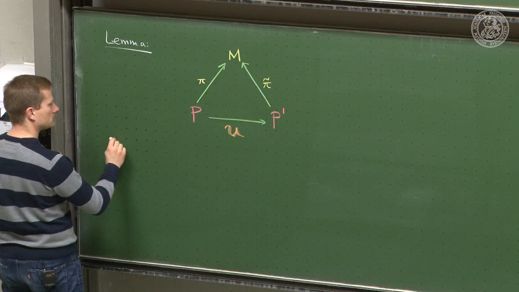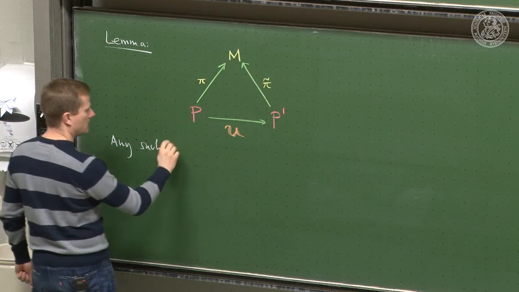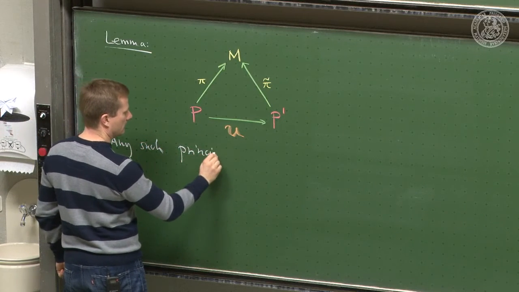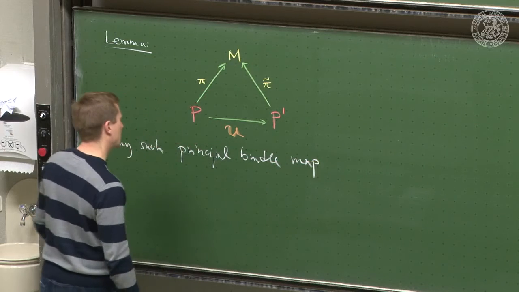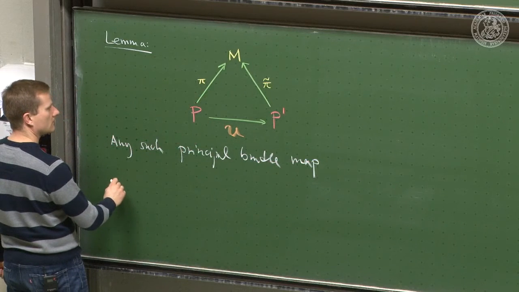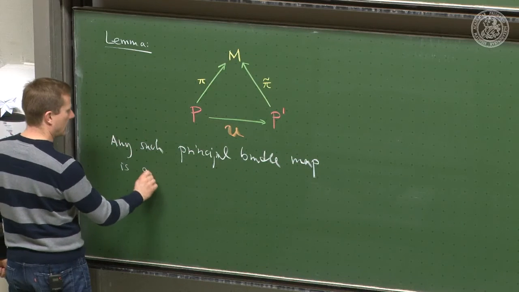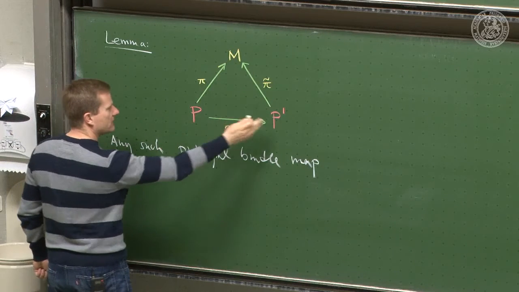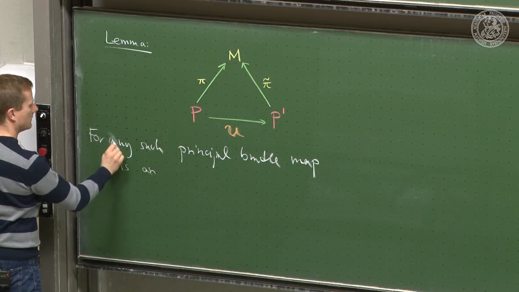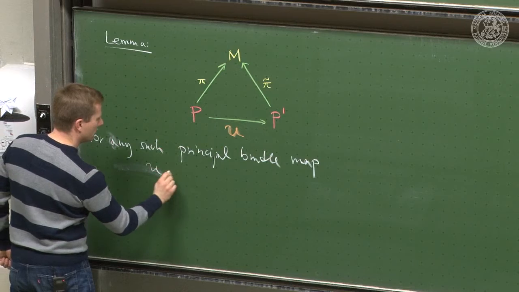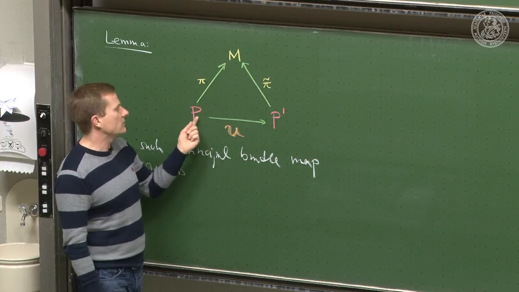that any such principal bundle map is an isomorphism U. Okay, so for any such principal bundle map, U is an isomorphism, but what isomorphism means depends on what kind of structure this is.